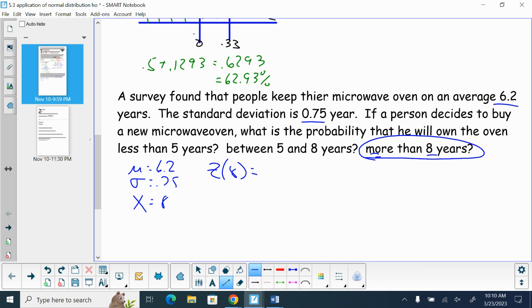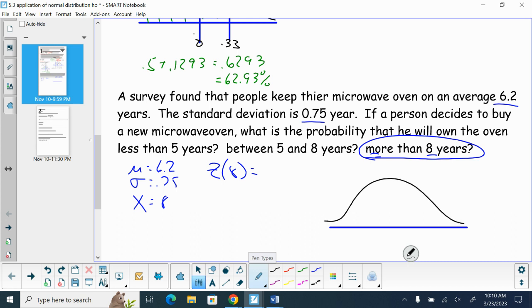Go to your bell-shaped curve. 8 is greater than the mean, so it's going to be a positive value. So get your z-score, find your table value. We want to go more than the value of 8, so that's going to be greater than that z-score.